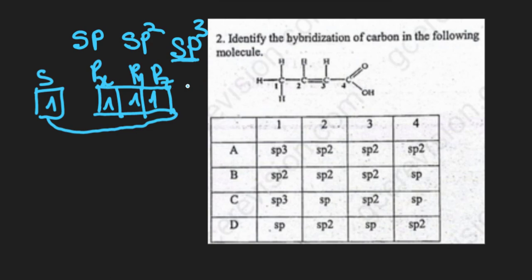So when all the 3 p are involved, we now talk about sp3. For sp2, it will be the s orbital taking only 2 of these, leaving out 1 p orbital unhybridized. And the unhybridized p orbital is that which forms a pi bond.